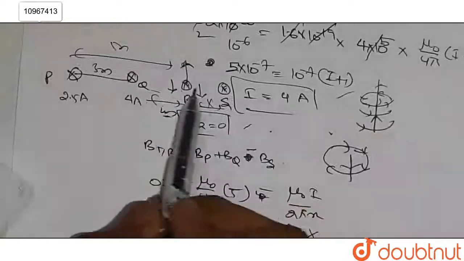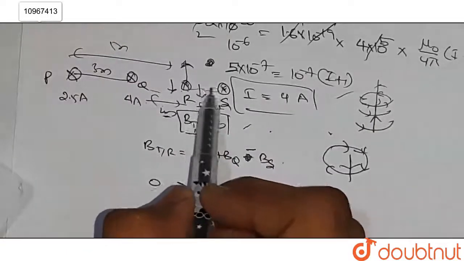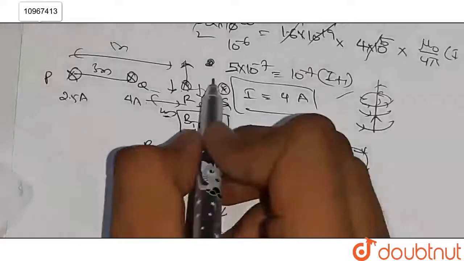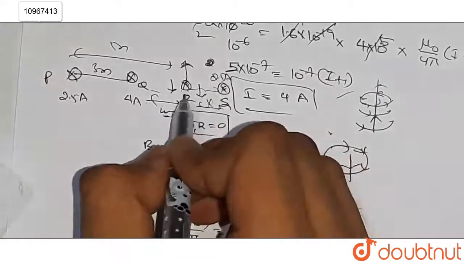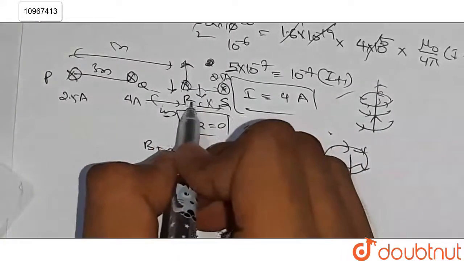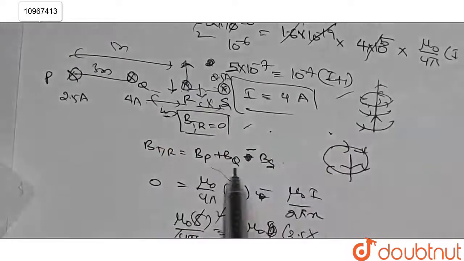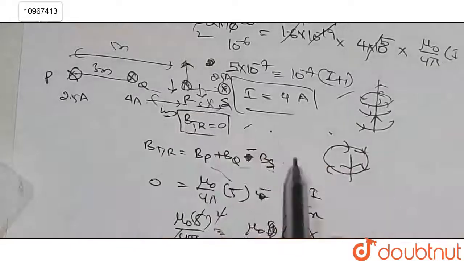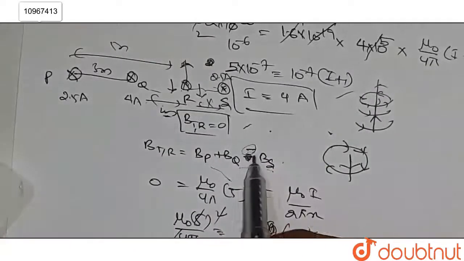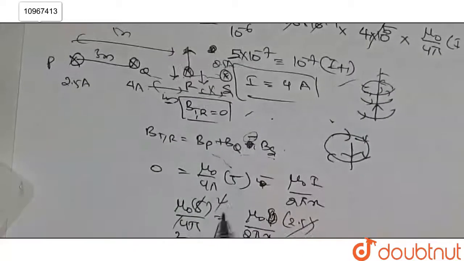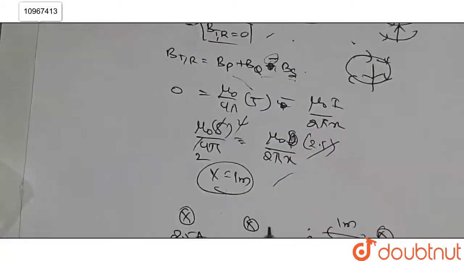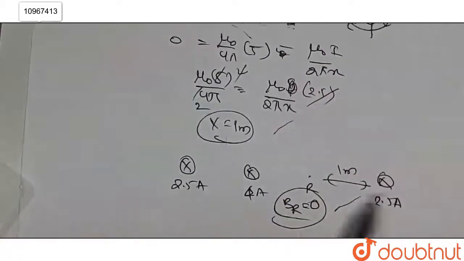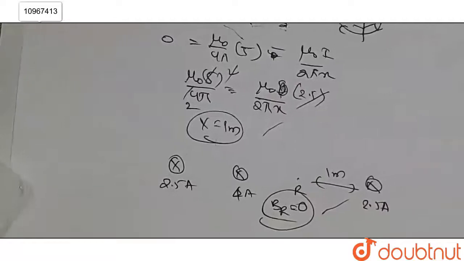After that simplification, and for the second one, we have to find the distance from R. So here we have to place 2.5 amperes such that B at R is equal to 0. So B at R is equal to BP plus BQ plus BS. Our BS will be in the opposite direction, so that is why I am putting a minus sign. So after simplification x equal to 1 meter. The process is simple but an important question.